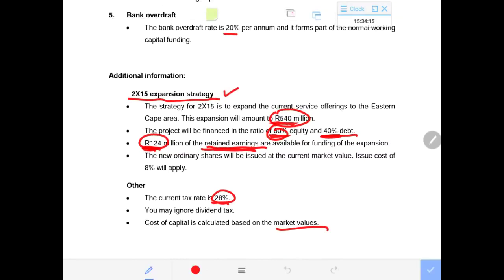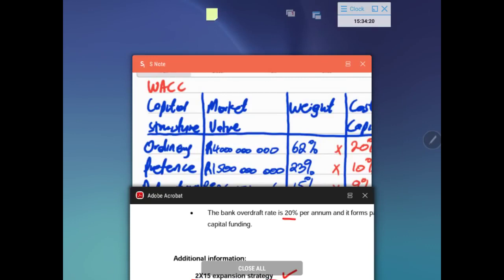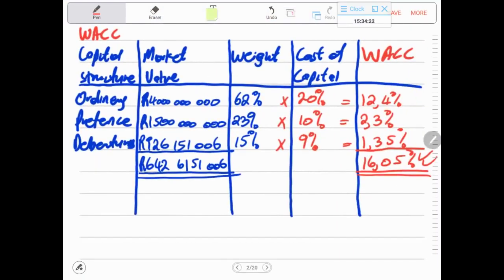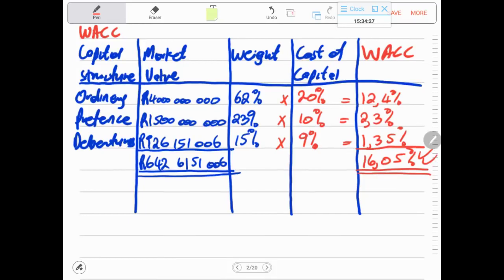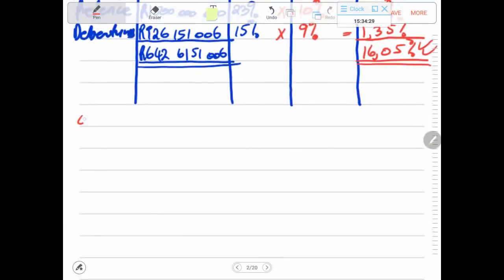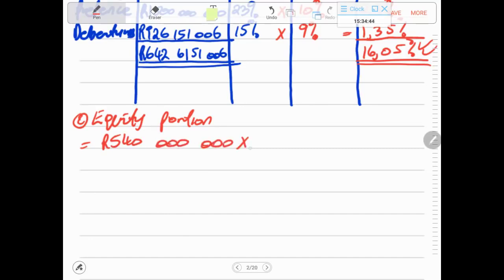Now we have to look at the number of shares, and the process of looking at the number of shares will be first to calculate the equity portion. How much will be the equity portion? It will be 540 million times 60%.